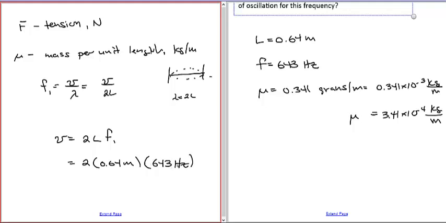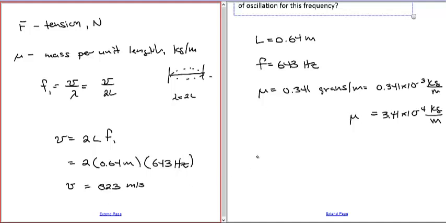Now the units here are inverse seconds, so you get meters per second, which is what you would expect for wave speed. So 2 times 0.64 times 643, and you get 823 meters per second. So that's the wave speed.